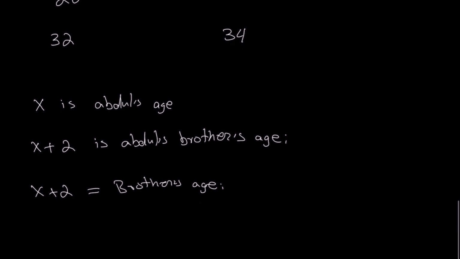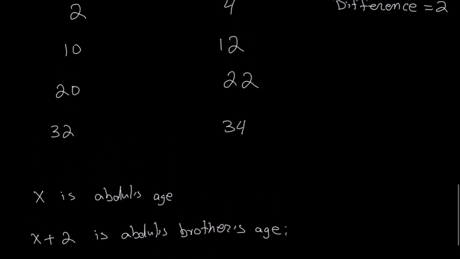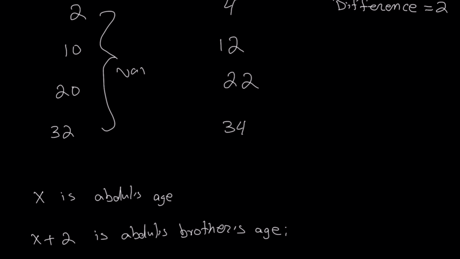No matter how old I get, we grow up at the same time. The age difference is the constant, but our ages change year to year, and these are variables. We call them variables because they change.